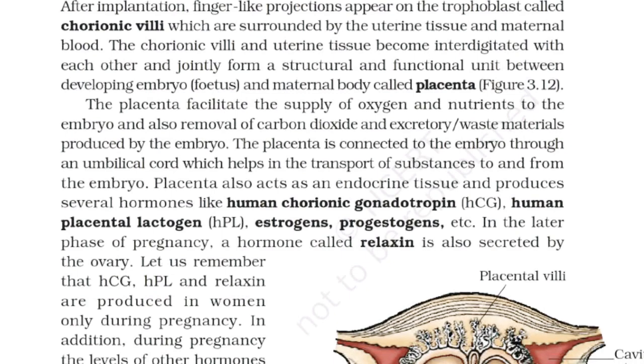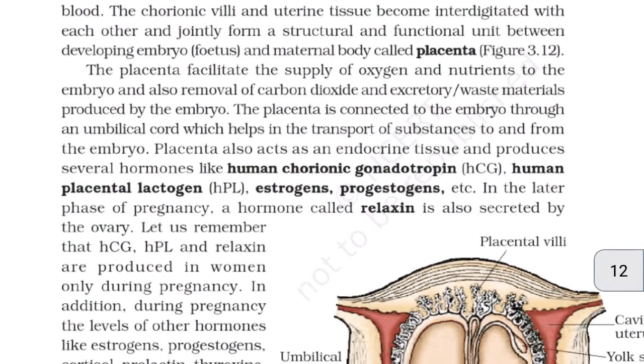tissue and maternal blood. The chorionic villi and uterine tissue become interdigitated with each other and jointly form a structural and functional unit between the developing embryo, fetus, and maternal body called the placenta.